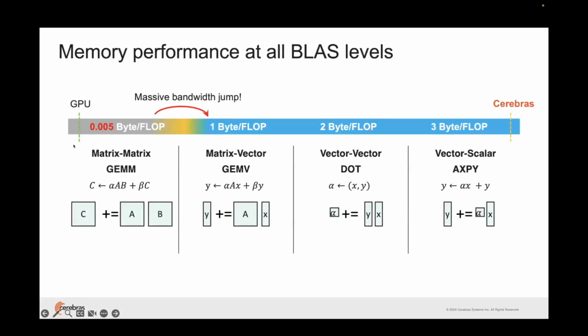So I want to bring back up this figure, because I want to emphasize this point. The reason that we are so good at sparsity is that when you have a really sparse problem, effectively you have a dense, high compute intensity operation like a matrix multiply turn into a bunch of scalar vector multiplies.